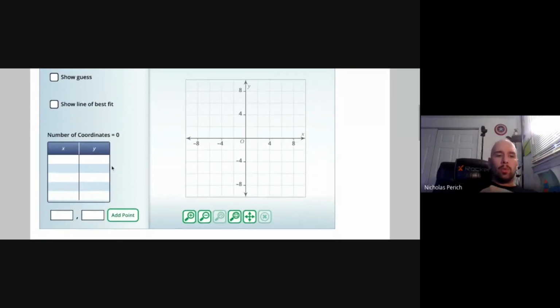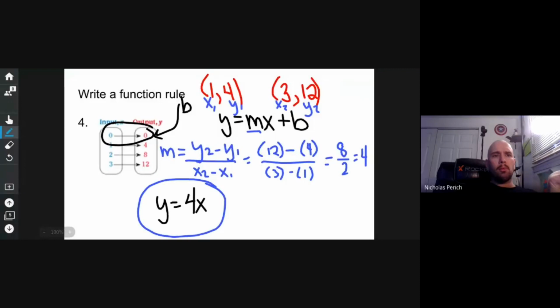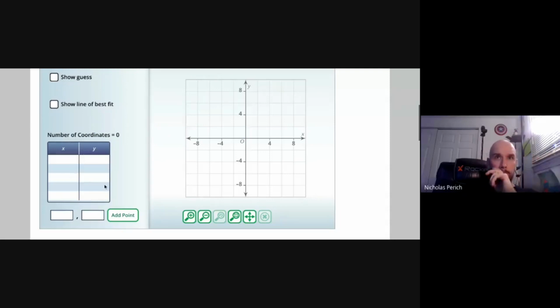But what line of best fit does is it gives you an equation for a bunch of points. So let's go back to the problem that we just had and type those points in: 0, 0, 1, 4, 2, 8, 3, 12.